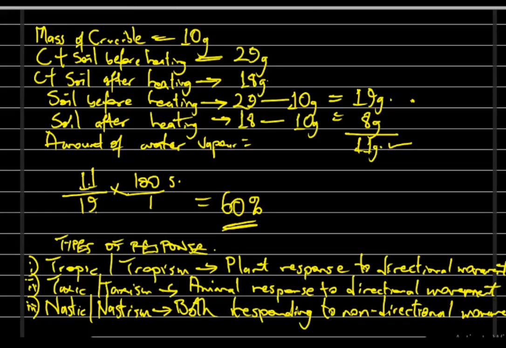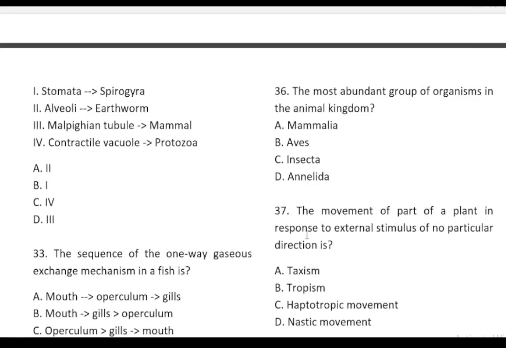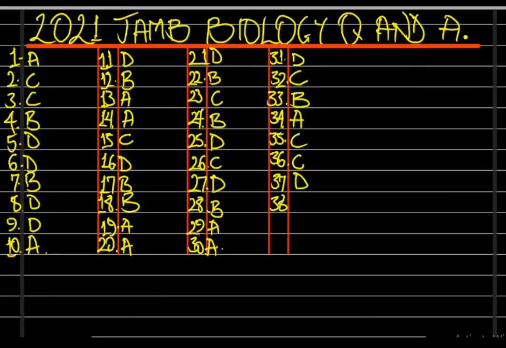So looking at the question now, the question is saying the movement of part of a plant in response to external stimuli of no particular direction. Since it is no particular direction, it means it is non-directional. So that tells us that it is a nastic movement, not tropism. If it were a directional movement, it would have been tropism, but since it is of no particular direction, it is a non-directional movement, so it is the nastic movement. That is the option.